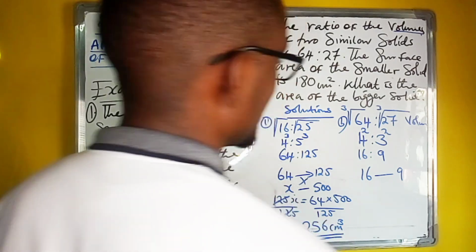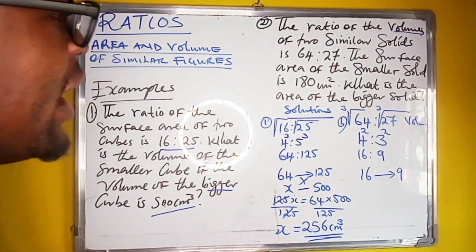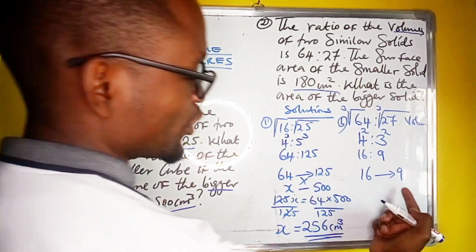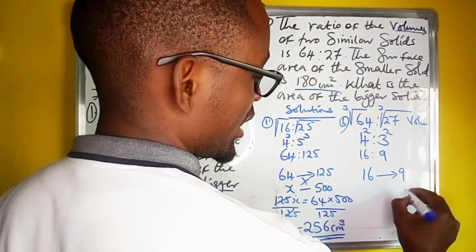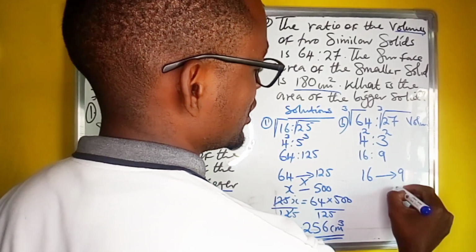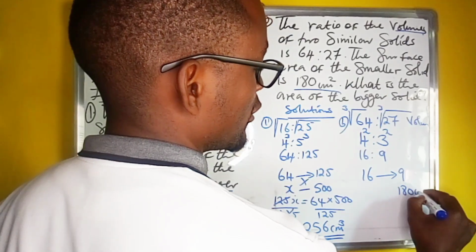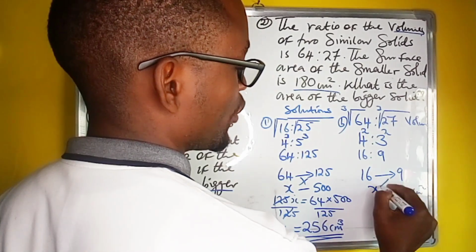The next step is the area of the smaller solid. So the smaller solid goes on this side, that is 180. Then what of the bigger one? We don't know. You cross multiply.